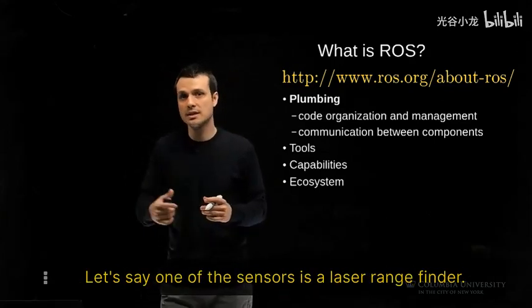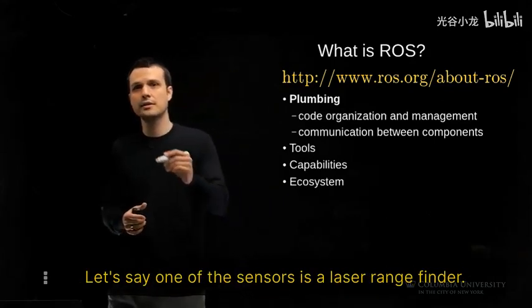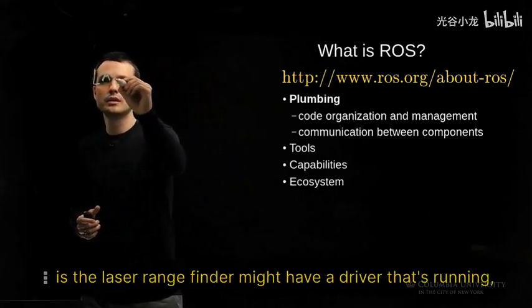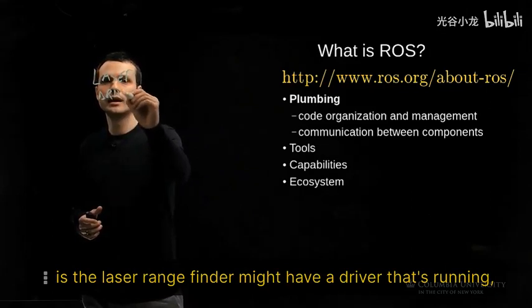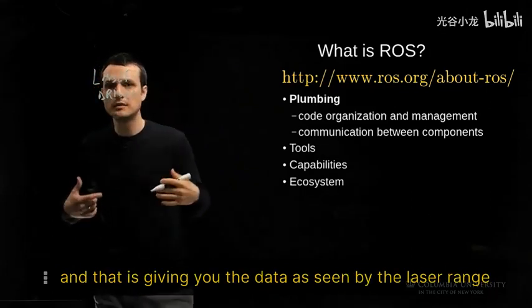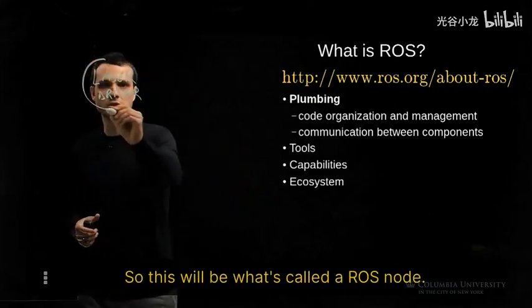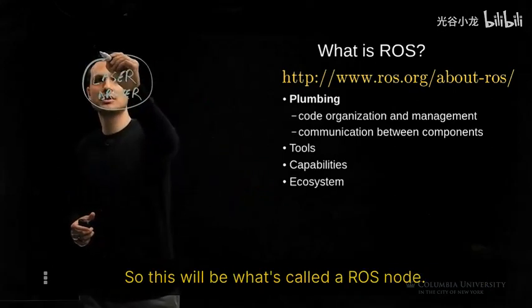Let's say one of the sensors is a laser rangefinder. In that case, the laser rangefinder might have a driver that's running and giving you the data as seen by the laser rangefinder. This will be what's called a ROS node.